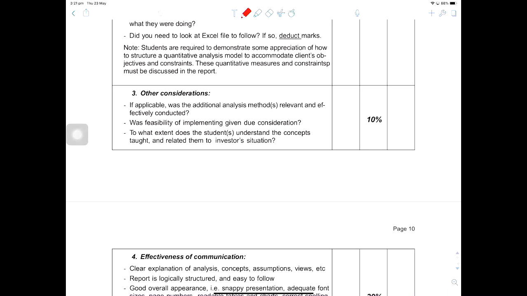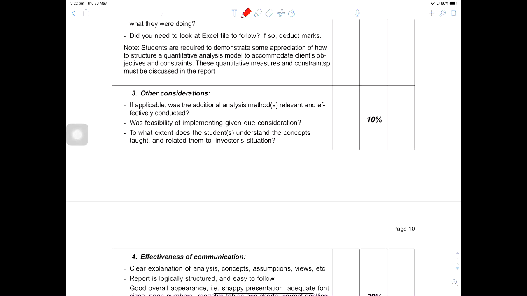Or if you do any additional analysis, for instance, you have 3 analysis methods, and the third analysis method is considered additional work. And if the additional work is meaningful and complements the other 2 methods, you will get a very good mark in this category of other considerations or additional work.